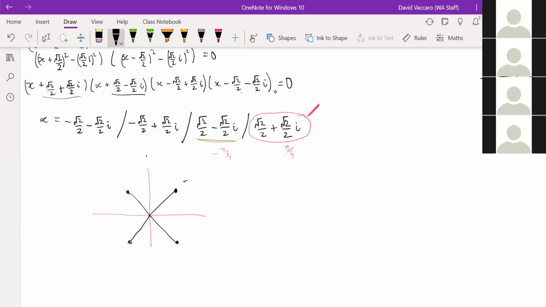So the arguments are pi by 4, 3 pi by 4, 5 pi by 4, and 7 pi over 4. Geometrically, that is a square. And you can check that the modulus of each of these complex numbers is 1.